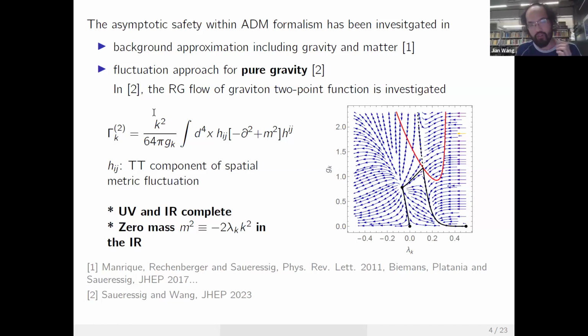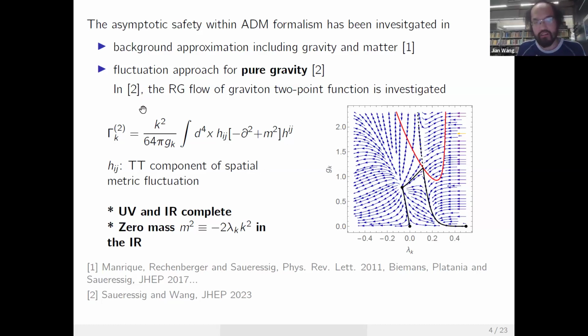For example, in our previous work, we investigated the RG flow of the graviton two-point functions. I want to give more details on this project since it's closely related to our current talk. First, the graviton two-point function could be given in this form. Here we have the Newton coupling, and we have the graviton mass, which is associated with the cosmological constant.